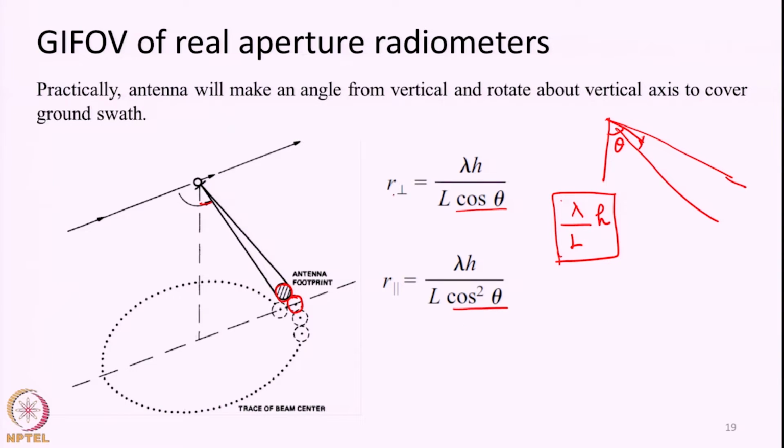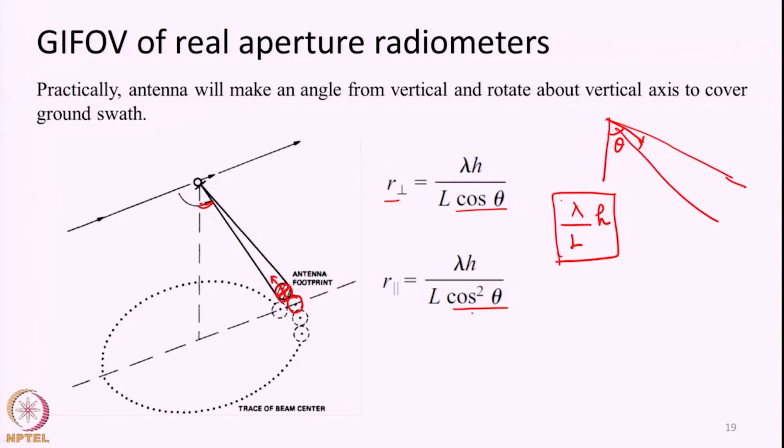depending on which direction it is looking. So, the dimension of this particular footprint in the direction perpendicular to the scan angle, say the scan angle is something like this, in this particular direction the dimension will be lambda h by L cos theta, and parallel to the cross section like this, the dimension will be lambda h by L cos square theta.